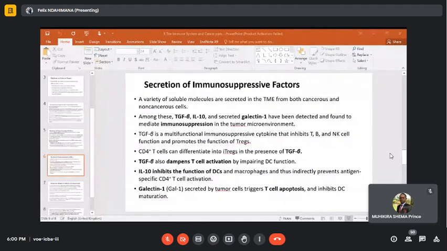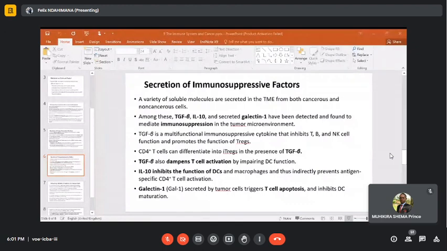This TGF beta also dampens T cell activation by impairing dendritic cell function, those antigen presenting cells. So it can impair their functions. Interleukin 10 also inhibits the function of dendritic cells and macrophages and prevents antigen specific T cell activation.